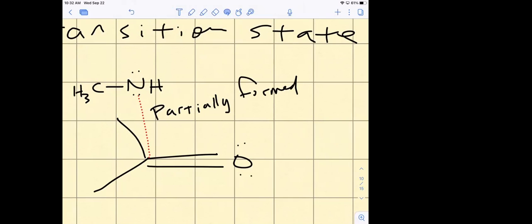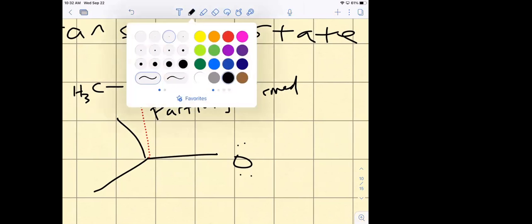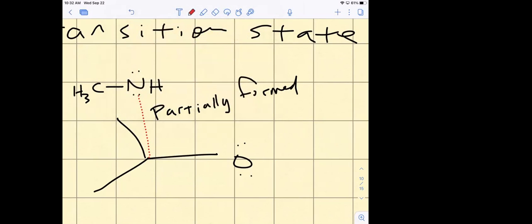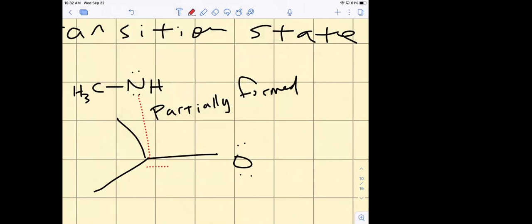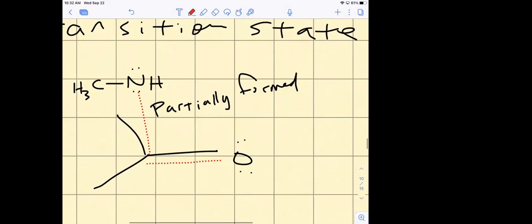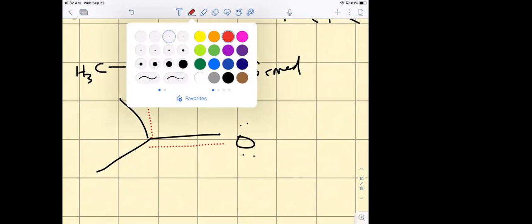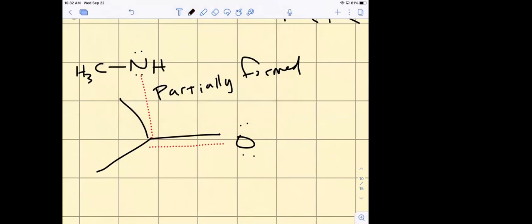And then for that pi bond that we're going to break and give those electrons to oxygen, that bond is partially broken. So we'll draw it like that. To show a partially formed or a partially broken bond, you just use a dashed line. So this is partially formed, and this is partially broken.